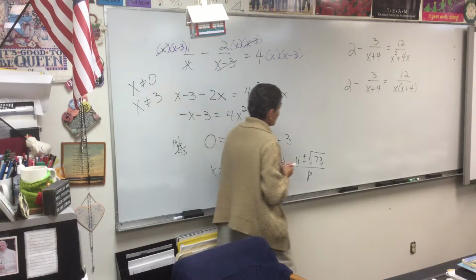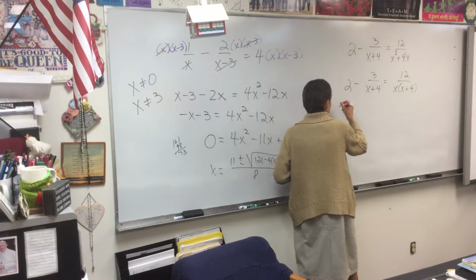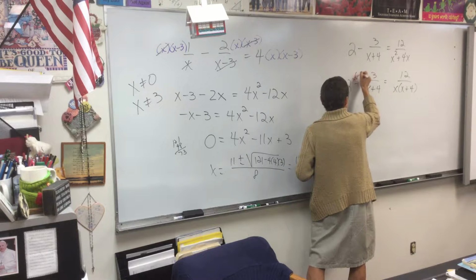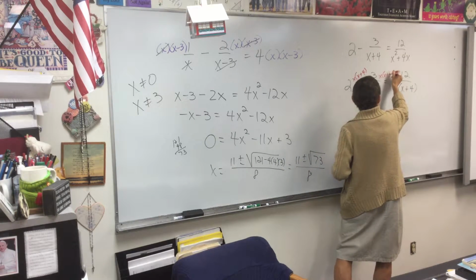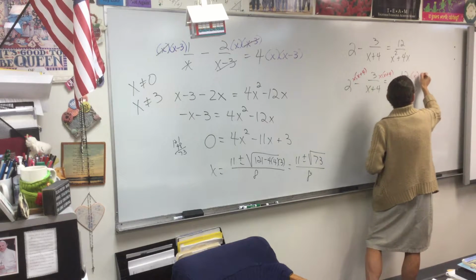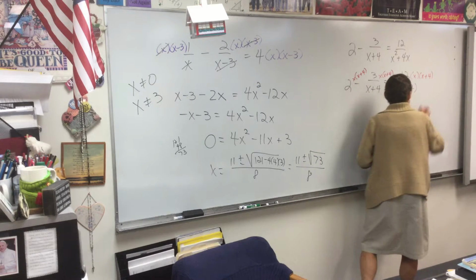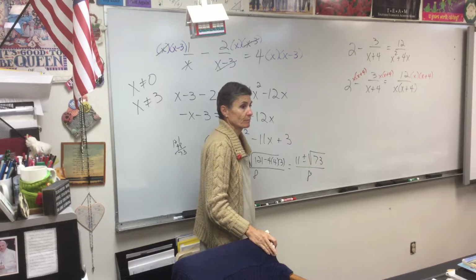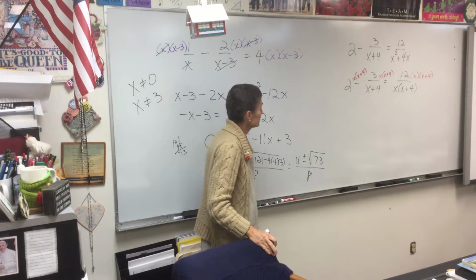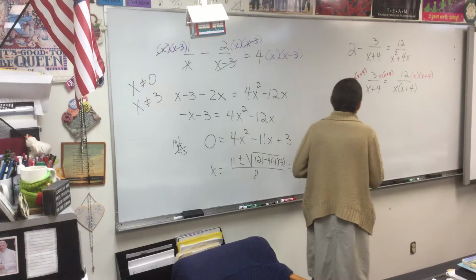So what would you suggest I multiply by this time? x and x plus 4. You need to multiply by both of them, x and x plus 4. Right? And what do we end up with?